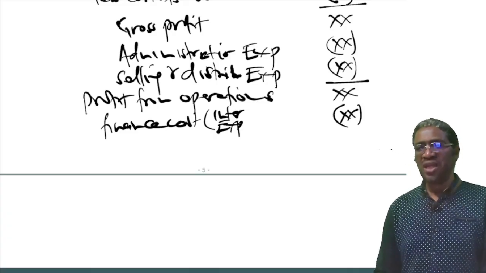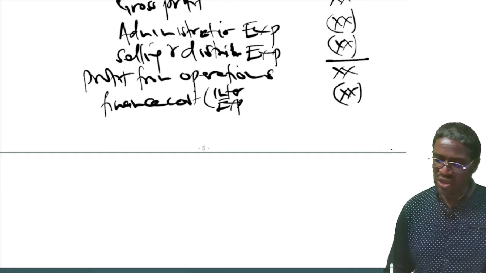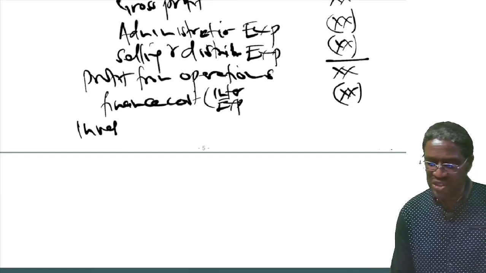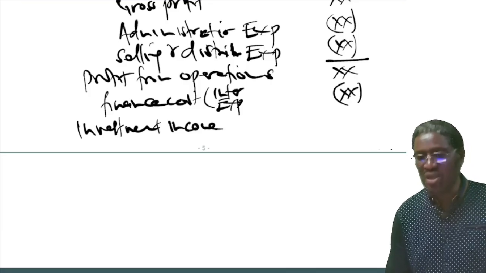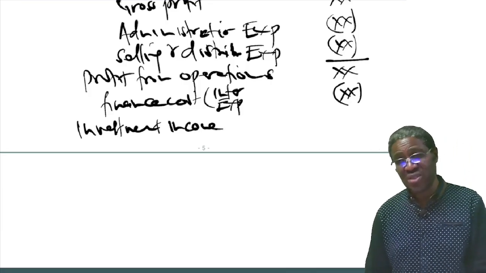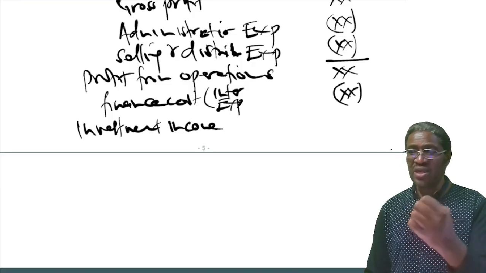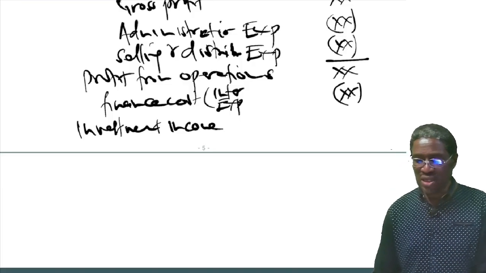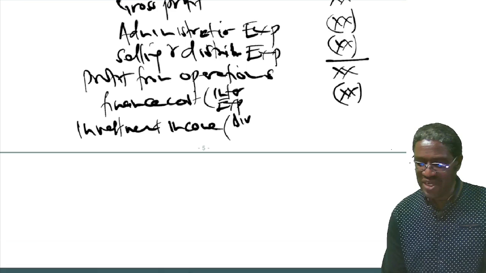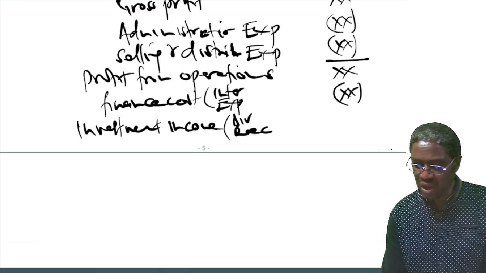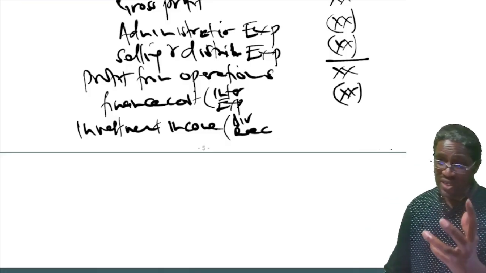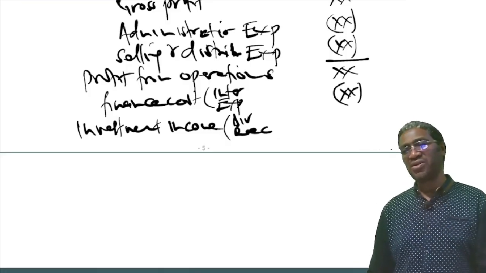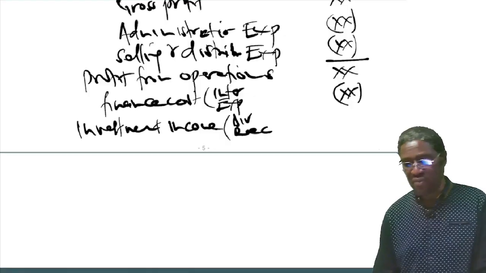The other item after finance cost is what we call investment income. Maybe your company has some investments, and from those investments, they are earning some income. This could be in the form of dividend received. Maybe you have shares in another company and you are earning some dividend, so bring that dividend received as an investment income.